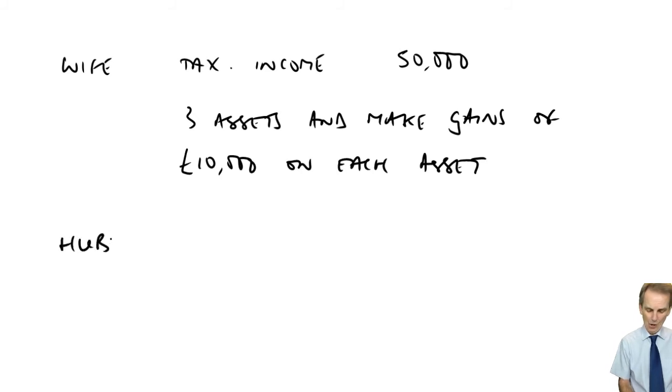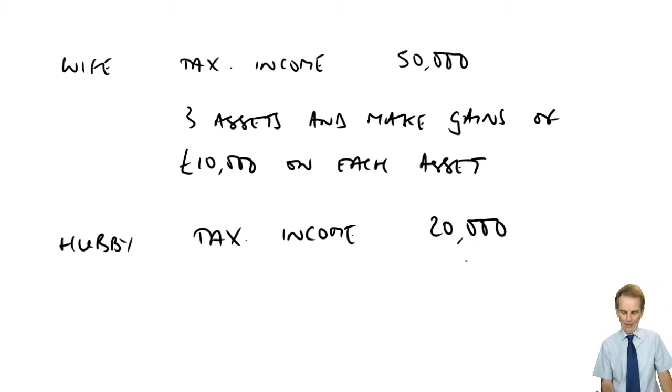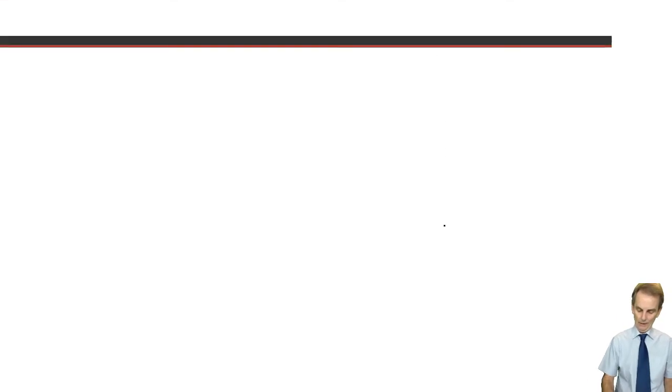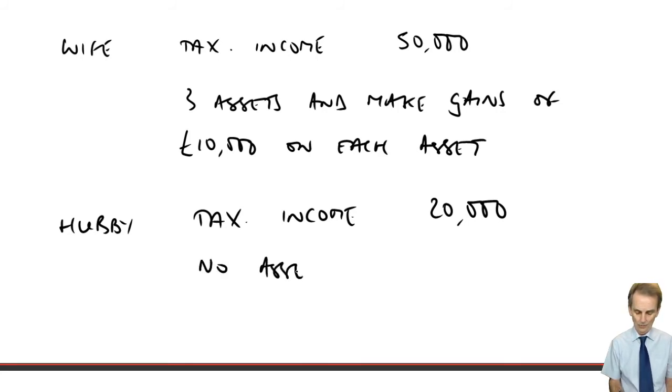Husband, hubby, he has got taxable income of £20,000. Didn't he do well? He's got taxable income of 20. The wife there, bless her, has got taxable income of £50,000. And he has got no assets that will be sold either this year or next year.